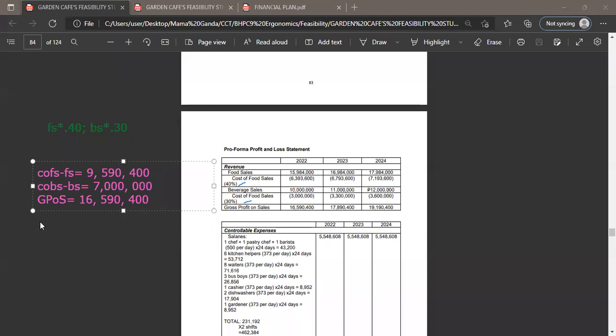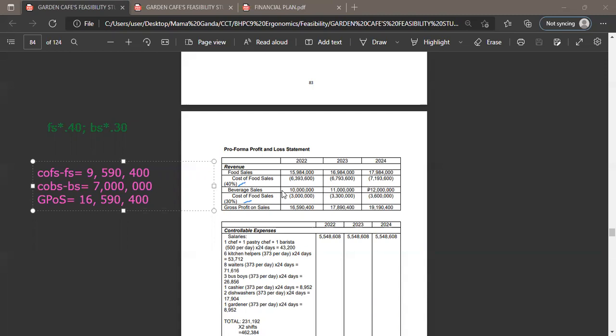So that's how we will get the amount for the food sales and the beverage sales, and the total for the gross profit on sales. Do not forget that it should be related. This revenue part should be related to the annual sales projection, so just divide it into the food and the beverage.